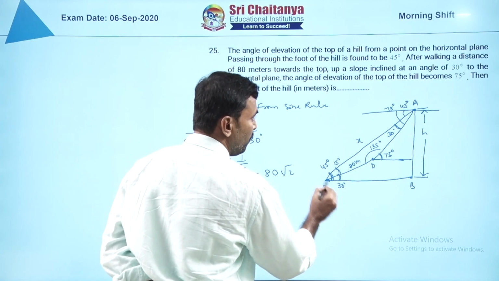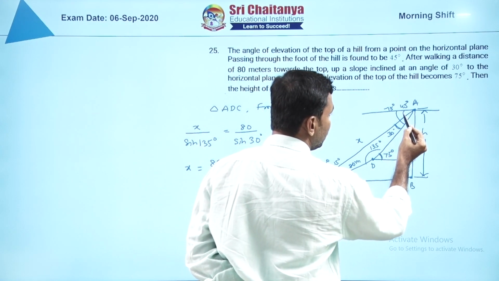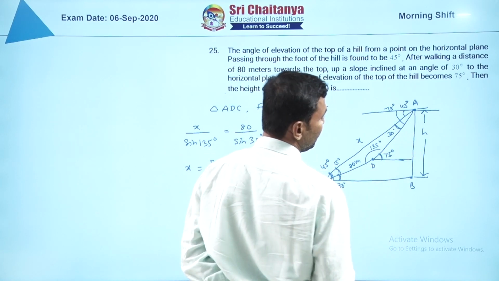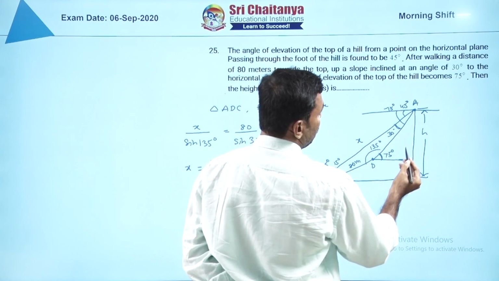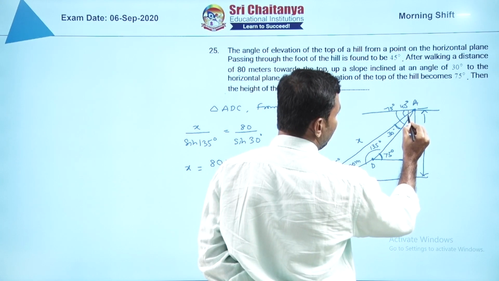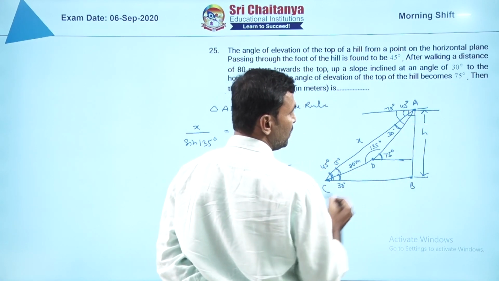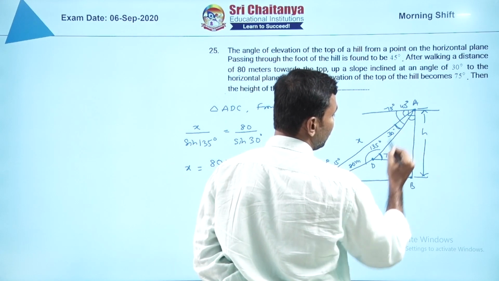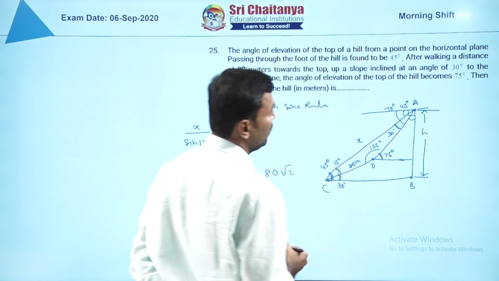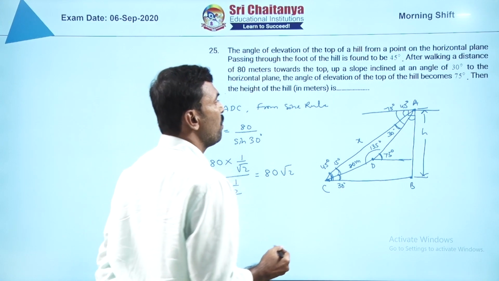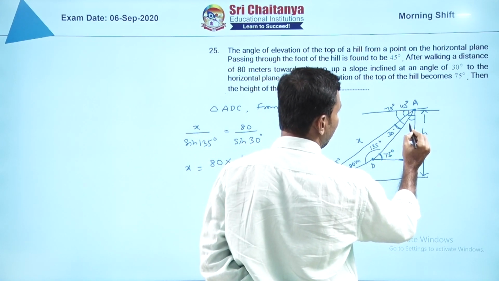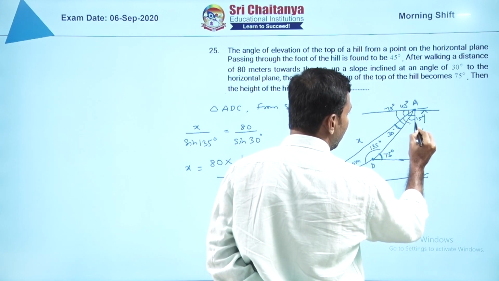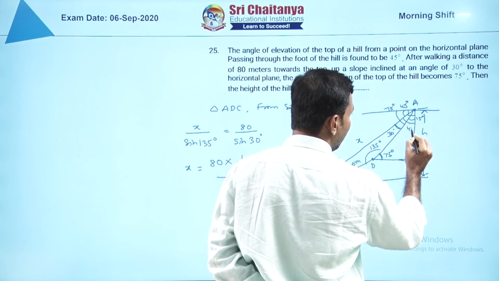See, this is 45, this is 45, this is 75, this is 30, this total is 90, right, this total is 90, this is 75, therefore, this angle is 15 degrees. Therefore, this angle is again 45.